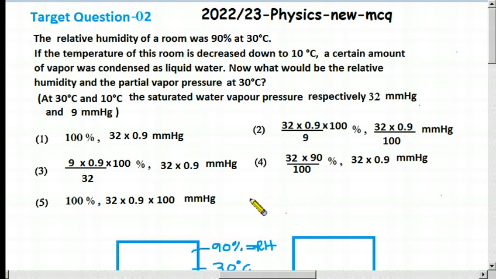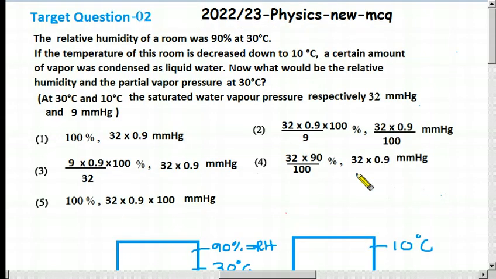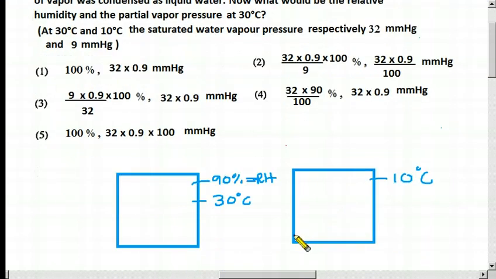If the temperature of this room is decreased down to 10, here the temperature is 10, a certain amount of vapor was condensed as liquid water. Then as soon as you saw this, you have to decide that the vapor is saturated, otherwise you will forget it.